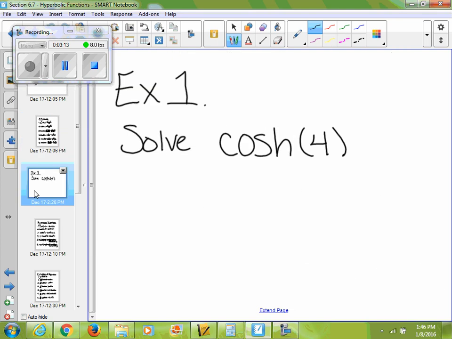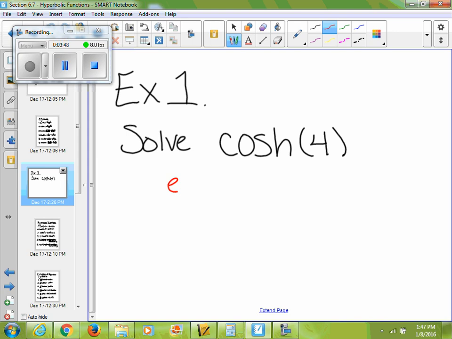Okay, so let's look at actually evaluating then a hyperbolic function. Okay, so Mark, what's the formula for hyperbolic cosine?